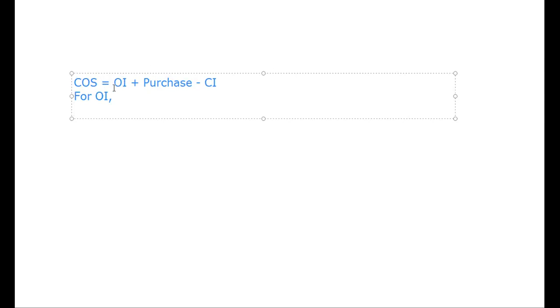Cost of sales is an expense, and an expense has a debit nature. So I will debit cost of sales, but I will also credit inventory. If I have inventory in store, I credit it, meaning I've removed that inventory and taken it to cost of sales.